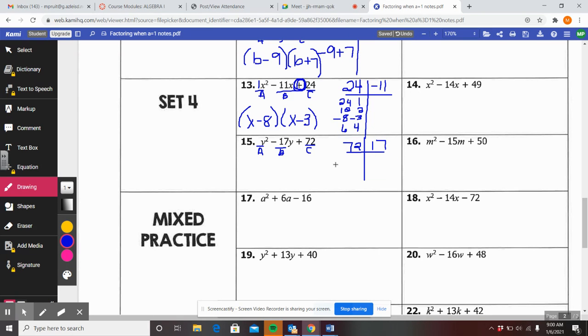Okay, so what are our factors of 72? The one that comes to my head first when I hear 72 is 9 and 8. I know my 9s pretty well. So it's negative 17. So what does that mean? This has to be a negative 9 minus 8, correct? So it's y minus 9, y minus 8.